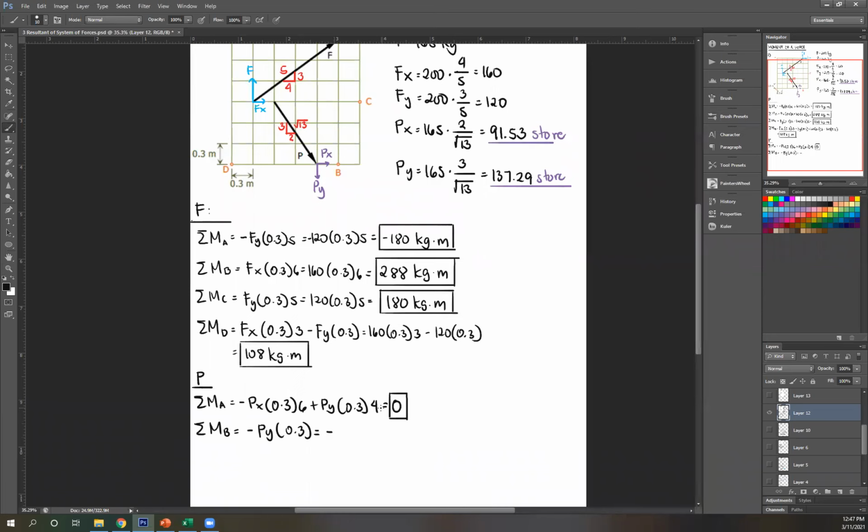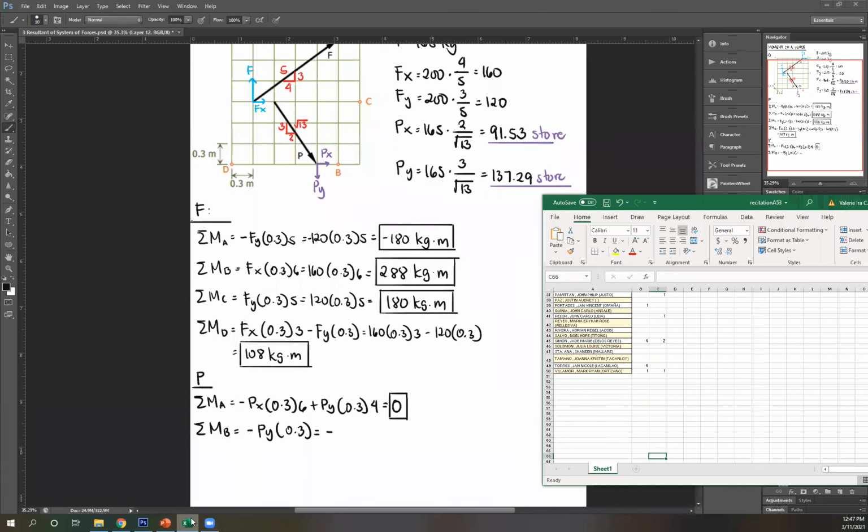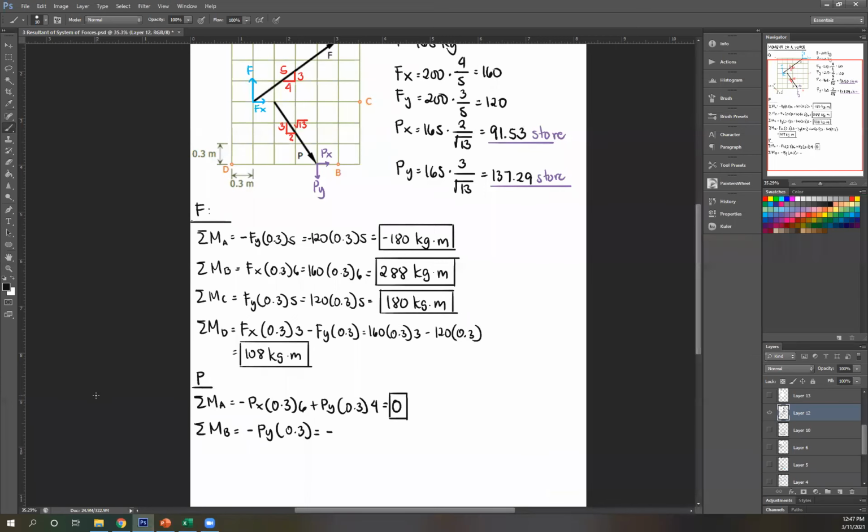Correct, Crystal and Mark. Okay, it was 41.19 kilogram meter.